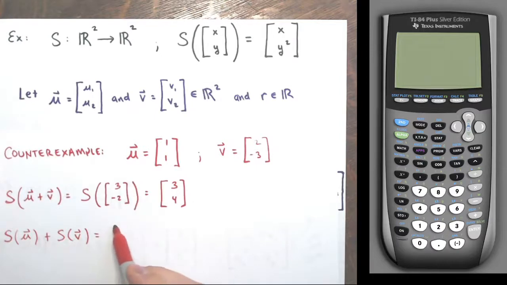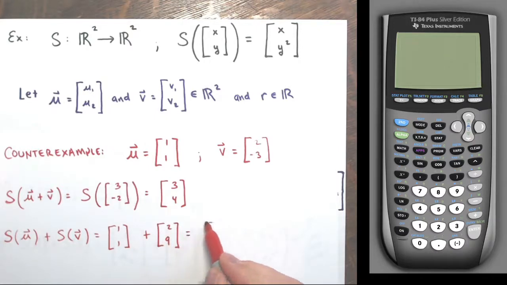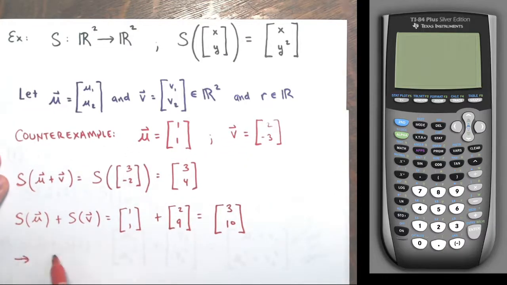All right, well, S of u would be 1, 1 again. First component, the square of the second component, plus then S of v would be 2, 9. All right, and then adding these together, 3, 10, and you see that these are not equal. 3, 4 is not the same as 3, 10. So we are seeing here that S of u plus v is not equal to S of u plus S of v. All right, so the additivity property does not hold.